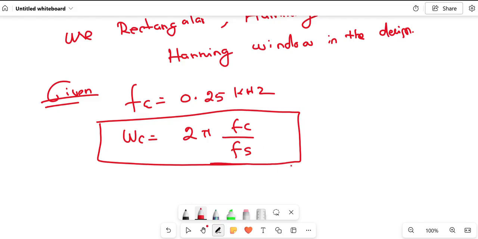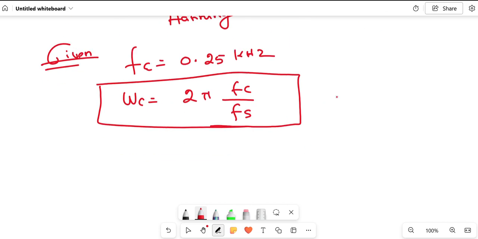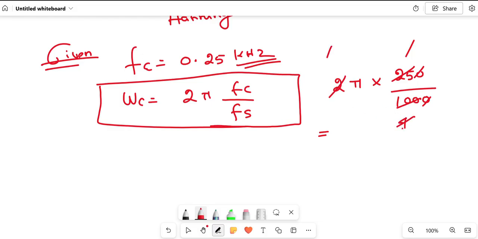How do you calculate this? 2 pi into 250 hertz, the cutoff, divided by the sampling frequency of 1 kilohertz, which is 1000 hertz. So you will get pi by 2.